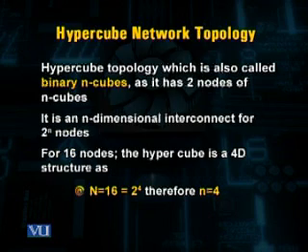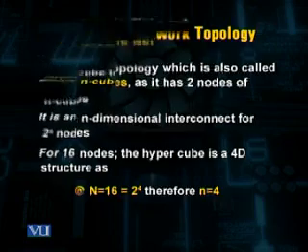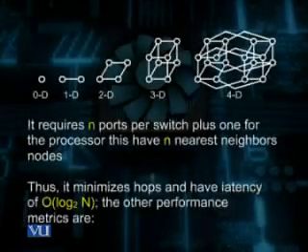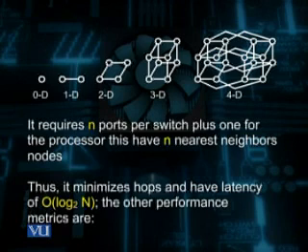Therefore, it gives us a value of small n equal to 4. Here you can see that it requires n ports per switch plus 1 for the processor. Then this has n nearest neighbor nodes.